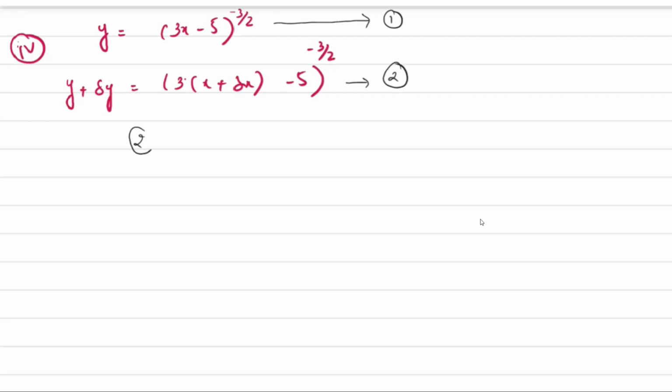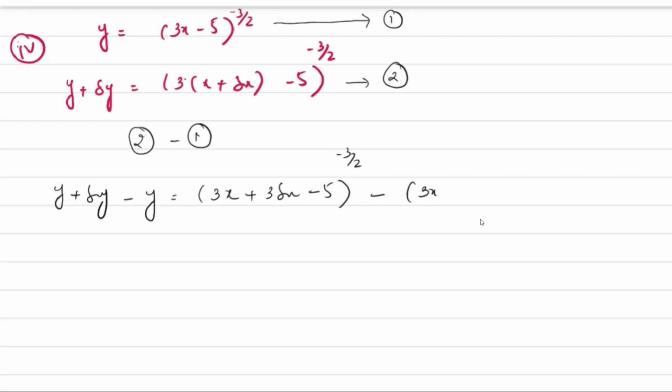Now we are going to subtract 1 from 2. So y plus delta y minus y on the left side, and on the right side, if we open it, (3x + 3 delta x - 5) raised to the power -3/2 minus (3x - 5) raised to the power -3/2.